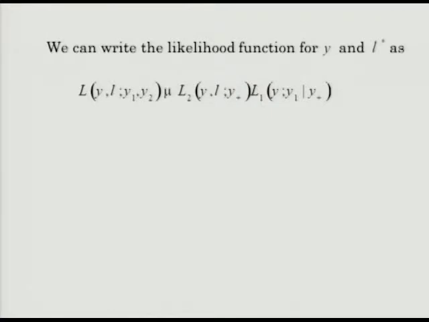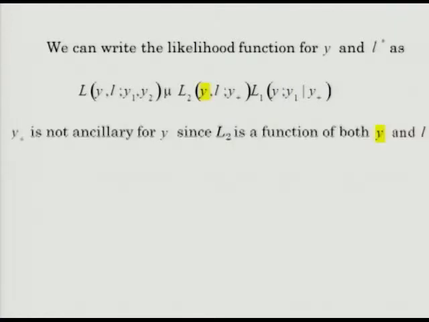Life would be a lot easier if this likelihood was not a function of psi, because then it really would be an ancillary statistic, and the arguments for conditioning on it would be extremely strong. As it is, if we're going to use the conditional likelihood, we need to gauge how much information is lost by doing this.